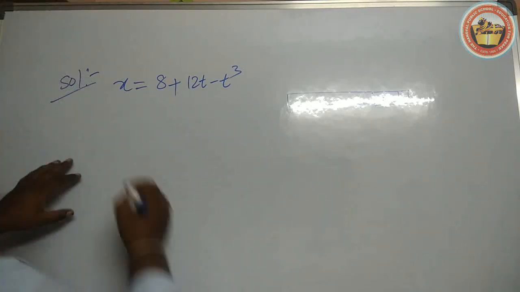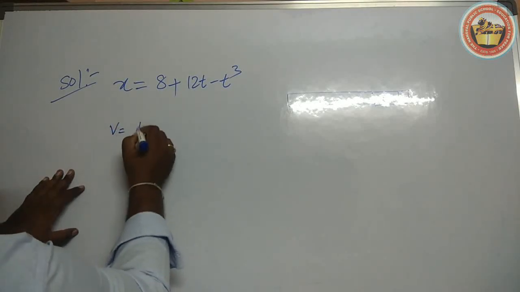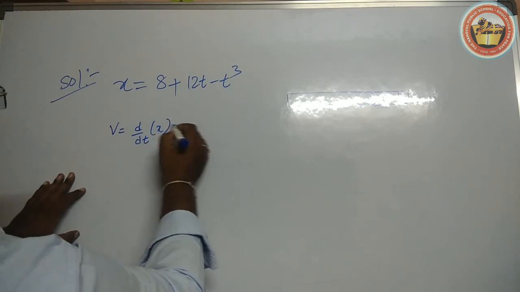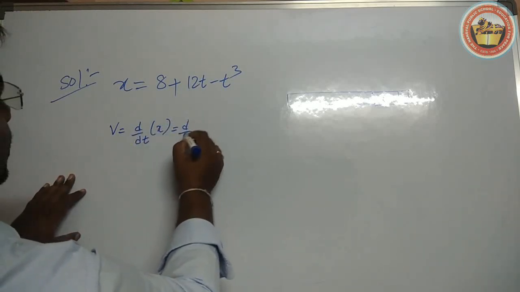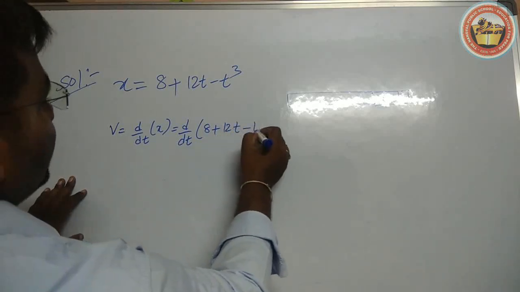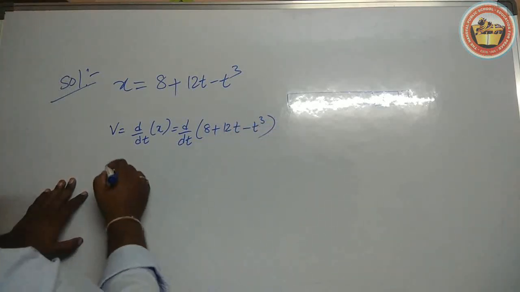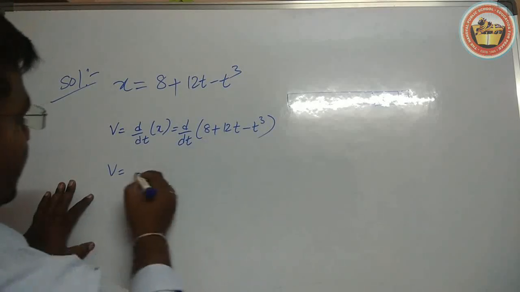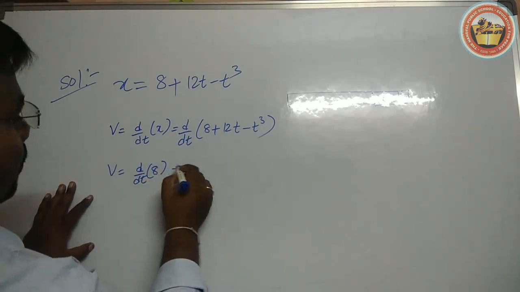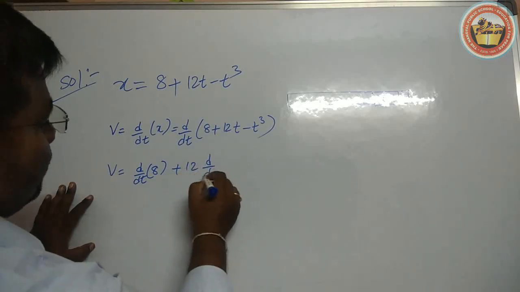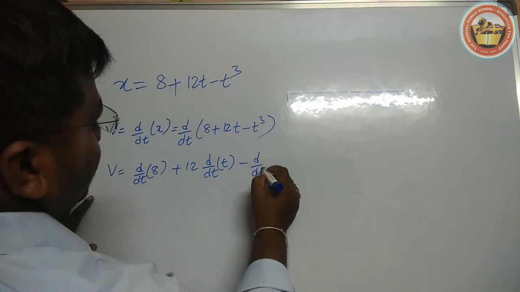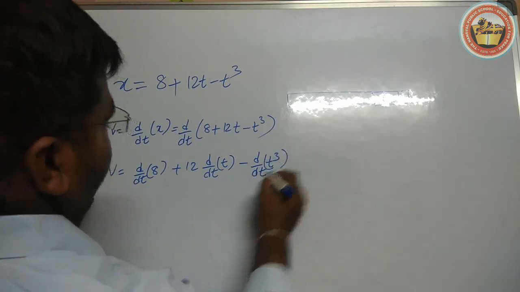Differentiation of displacement. Velocity v is equal to d by dt of x, that is equal to d by dt of 8 plus 12t minus t cubed. So v is equal to d by dt of 8, plus 12 into d by dt of t, minus d by dt of t cubed.